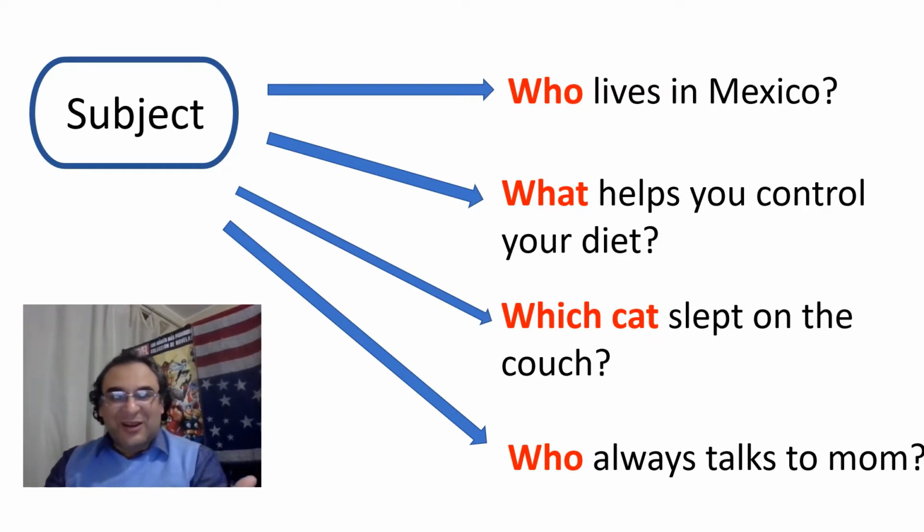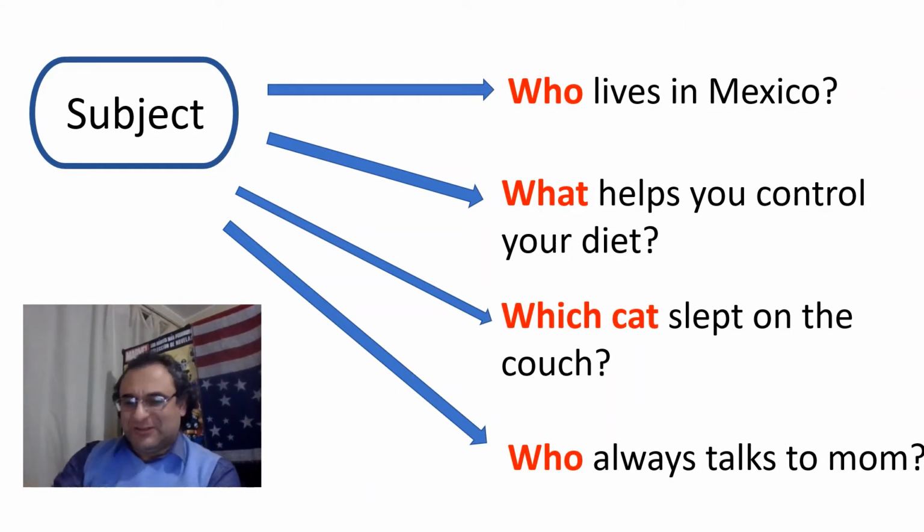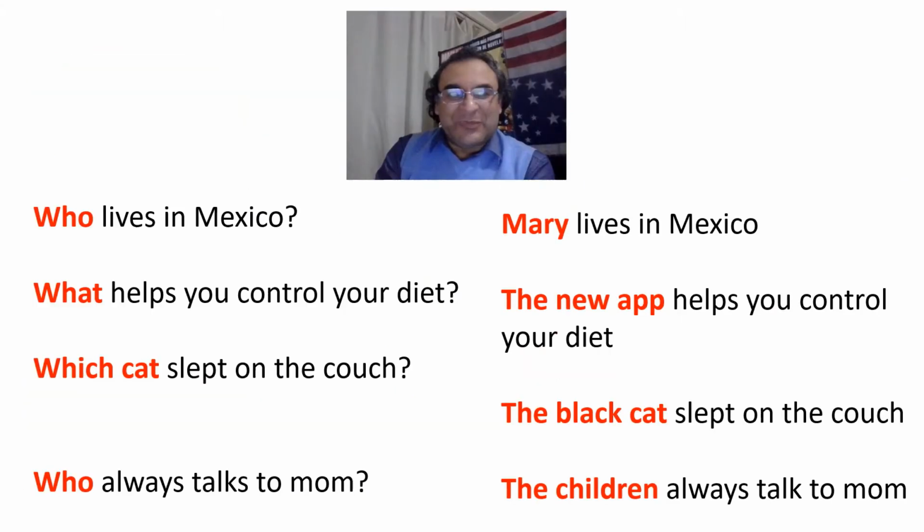So that's it. As you can see, questions about the subject are very easy, very simple. So that's a summary of all the questions. If you want, you can pause the video, take a photo, or whatever you feel comfortable with. Those are the questions. As you can see, Mary is replaced by who, the new app with what, and so on.